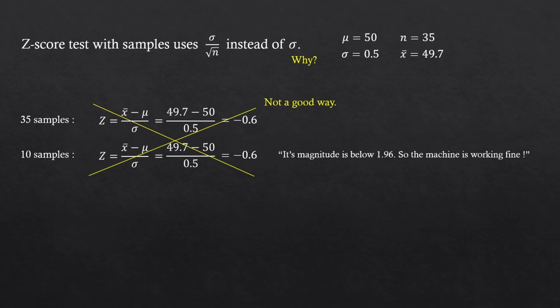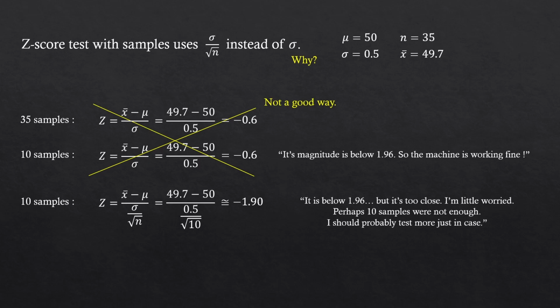Now let's try to use the sample version. Okay, minus 1.9. Now the number of samples does affect the result. Minus 1.9 is within the range, but you could be thinking that perhaps 10 samples were not enough. If you use more samples, your z-score will become more vulnerable to escape the region.